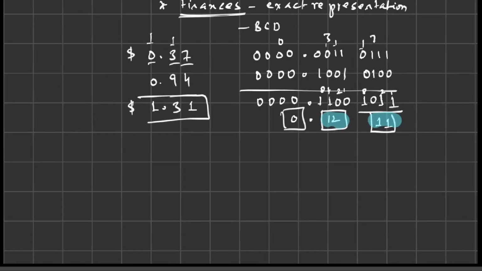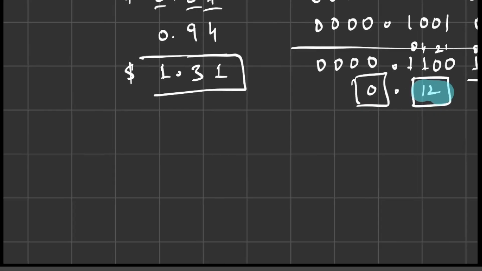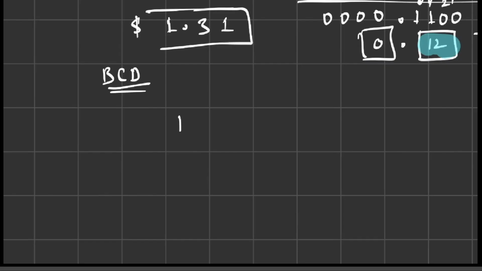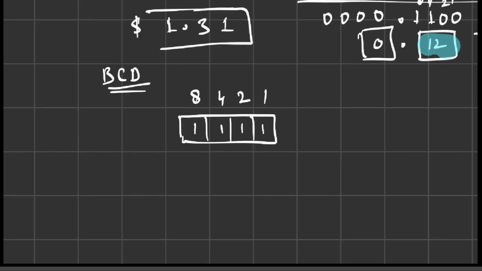Basically, in order to understand this error, before I remove it, I just wanted to make one more thing clear here. In the BCD system, when we are representing a decimal number, we are given 4 bits: 1, 2, 3, 4. So this is 1, 2, 4, 8. The highest possible number which can be represented here is 15.